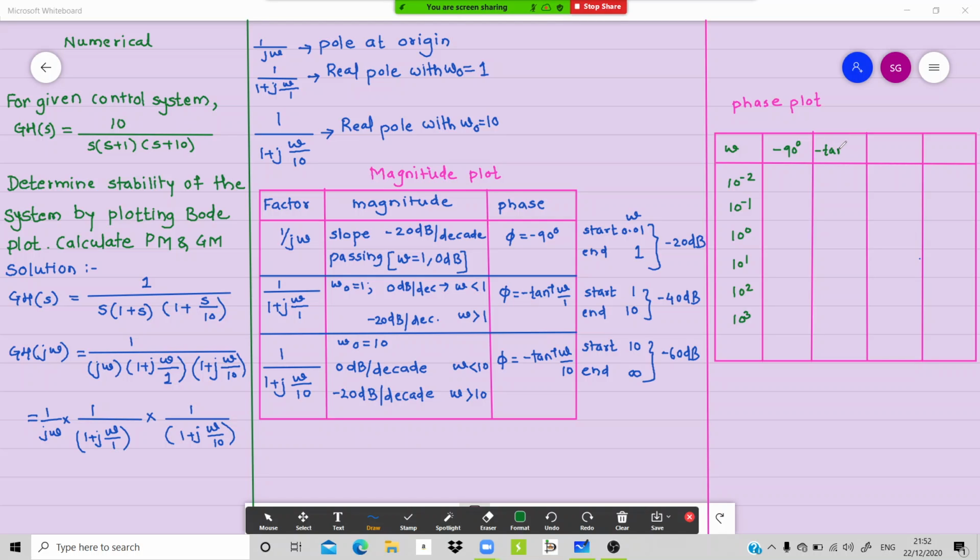Minus tan inverse of omega and minus tan inverse of omega by 10. And then finally we'll add all these angles, whatever the sign, the algebraic sum, and we'll try to see. So one thing is clear, whatever omega might be, this is not going to change. So this is minus 90 only.